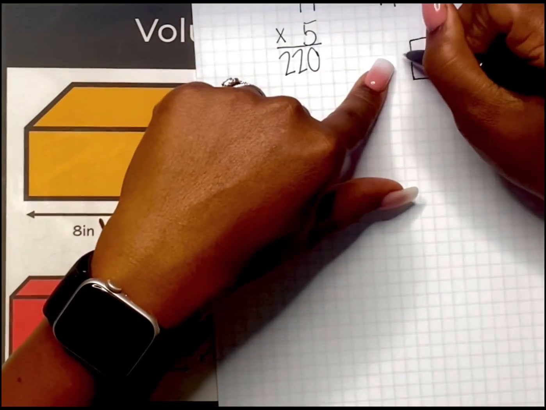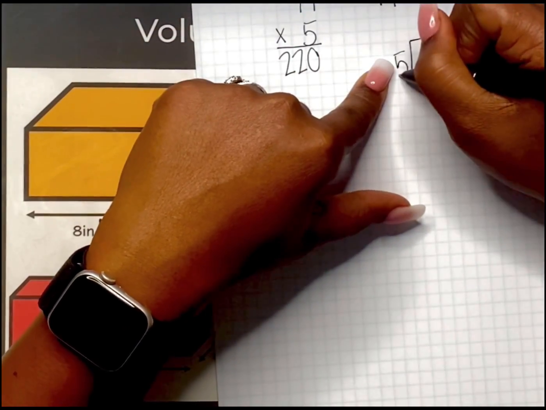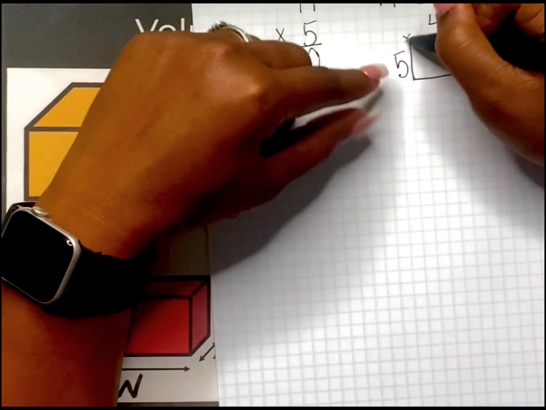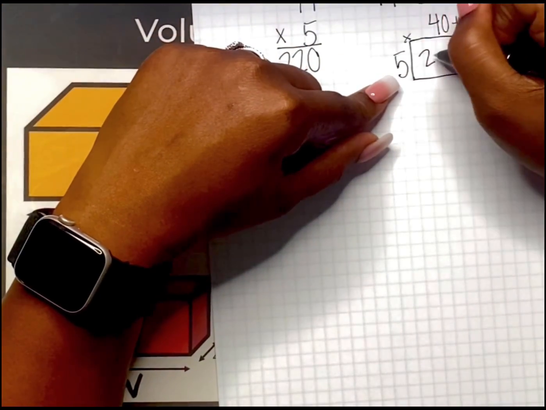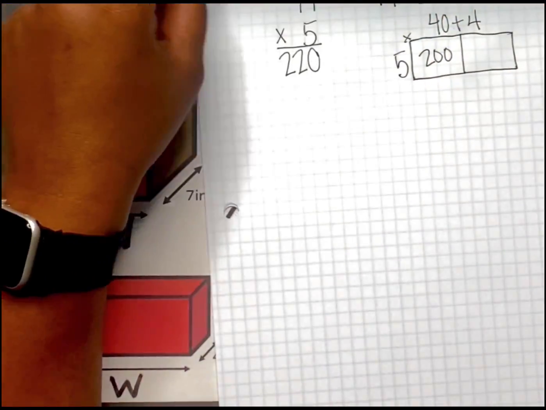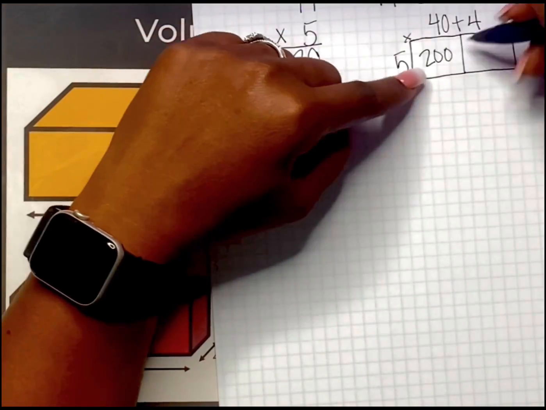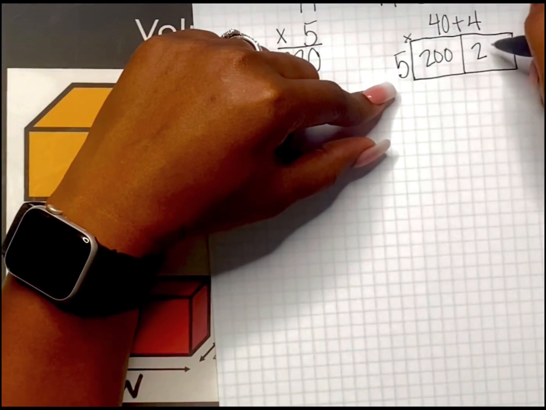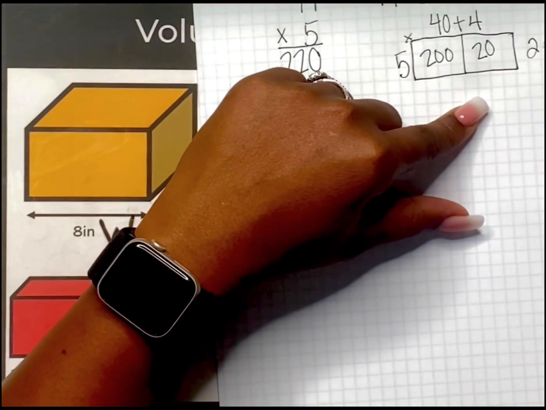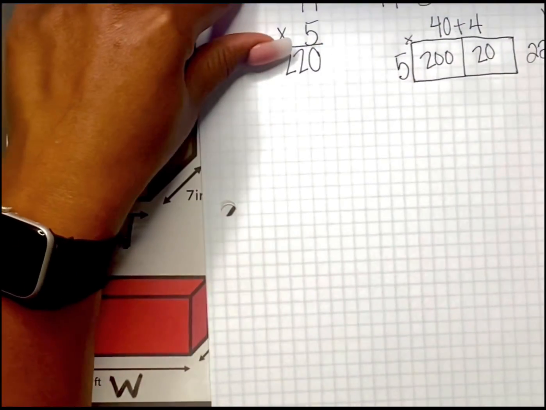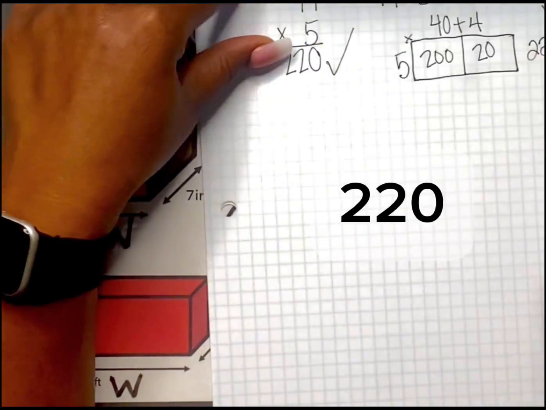And then 5 goes here. Then you multiply. 5 times 40 is 200. 5 times 4 was 20, add the 0. And then 5 times 4, 20. Put them together. You still are going to get 220.